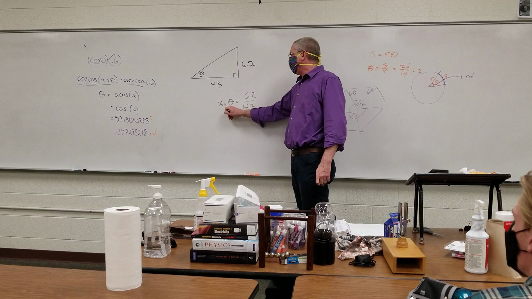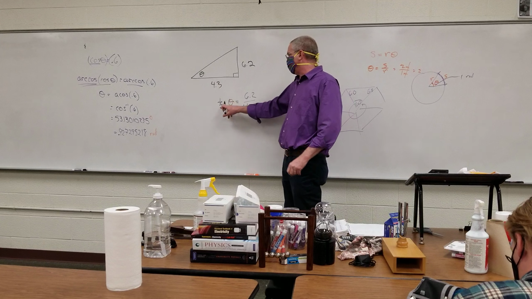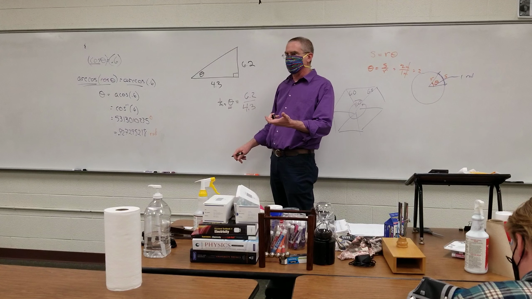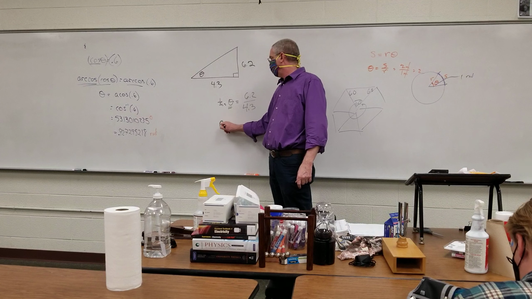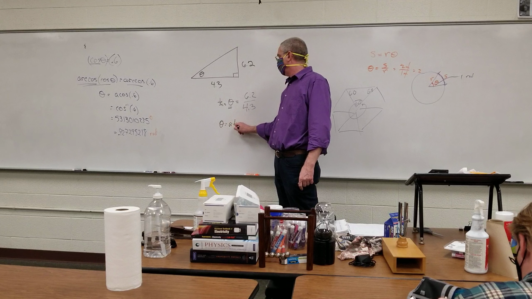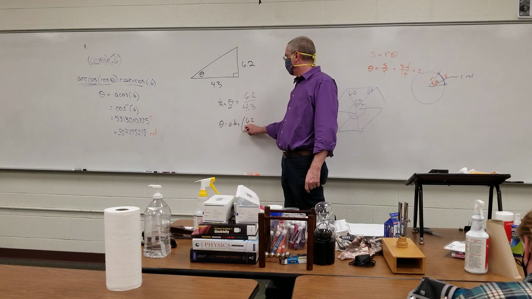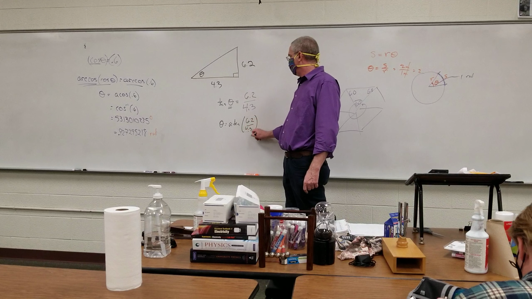Now, I'm trying to find the angle here, so I need to get rid of tangent, and I do that with the reciprocal function, or the arctangent. So theta is equal to the arctangent of 6.2 over 4.3.